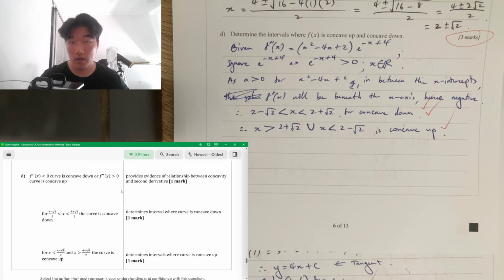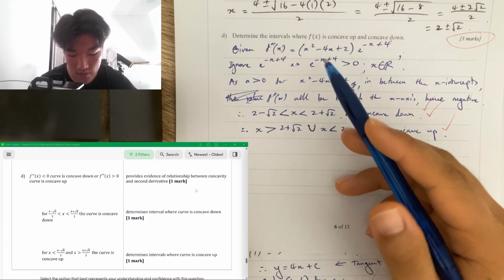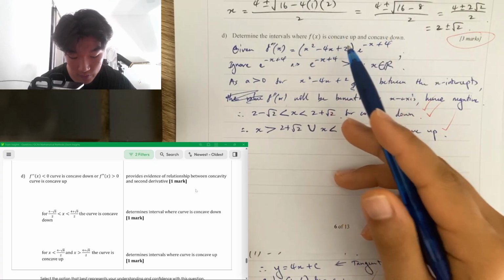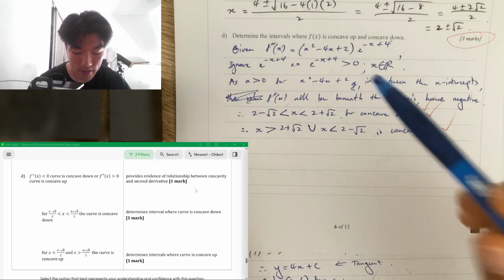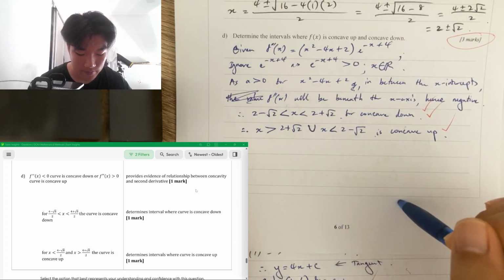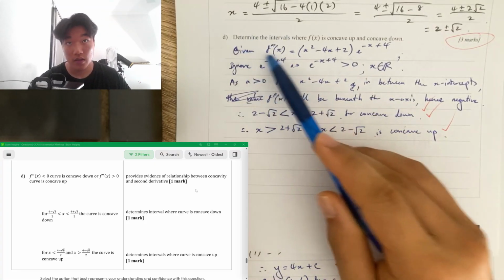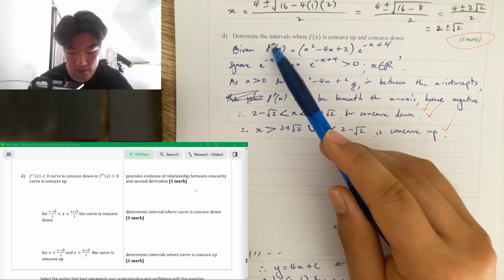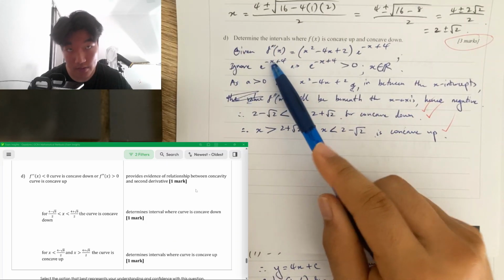Okay. Question D. Part D states, determine the intervals where the original function is concave up and concave down. We know that it's concave up when the second derivative is positive, and it's concave down in the opposite, right? When the second derivative is negative. Okay. So I said, given that the second derivative is this, ignore this, right?